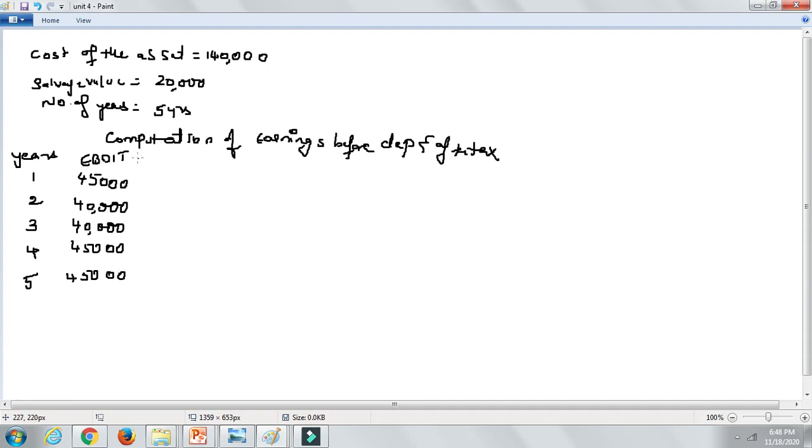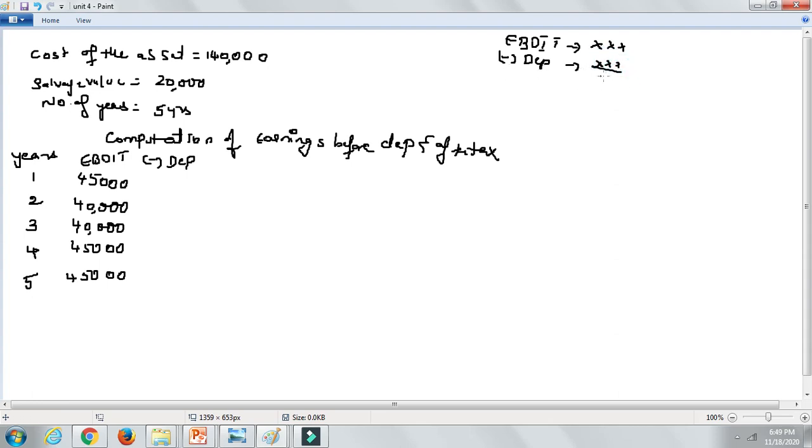So the first step is to deduct depreciation, as we require earnings before depreciation and tax. Whenever he gives you EBDIT, you take this value minus depreciation.